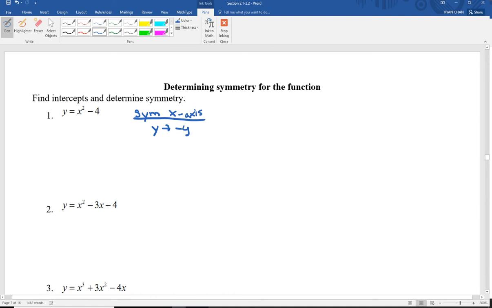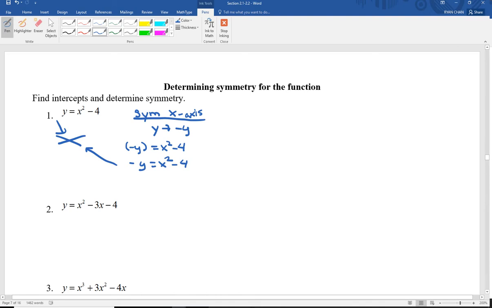Everything's going to stay the same except I'm going to replace y with -y, and I simplify it and it looks like this. I can clearly see that this one is not the same as my original.